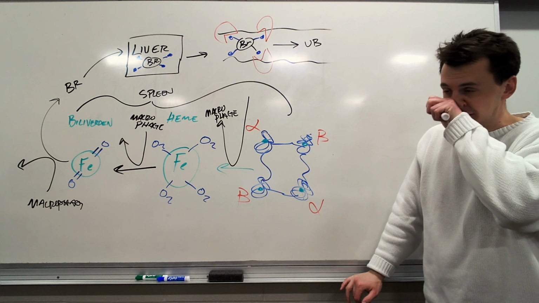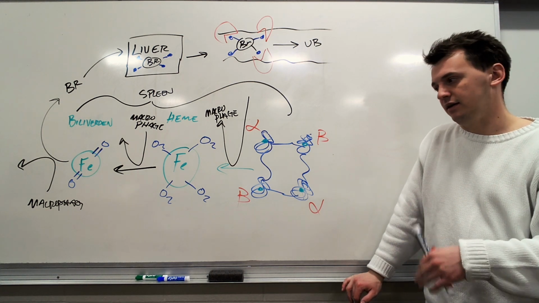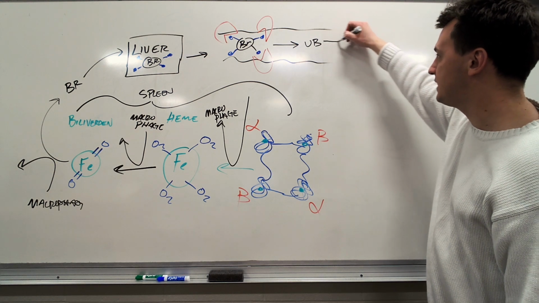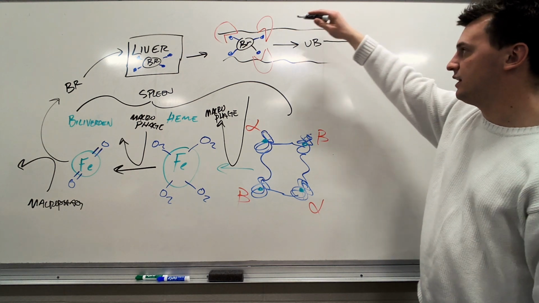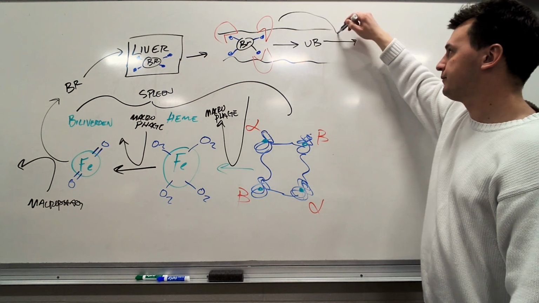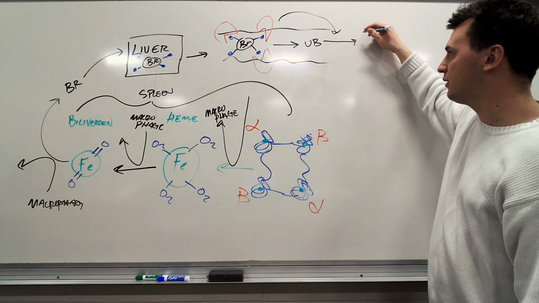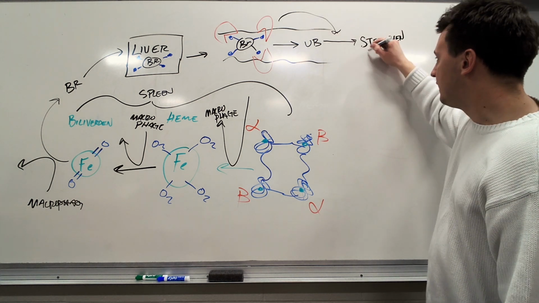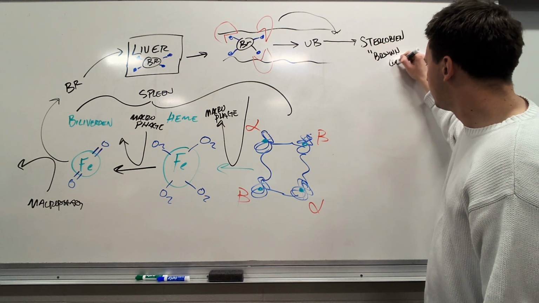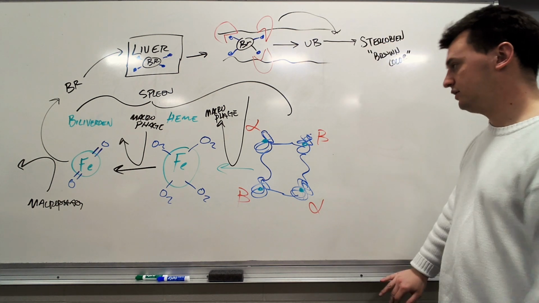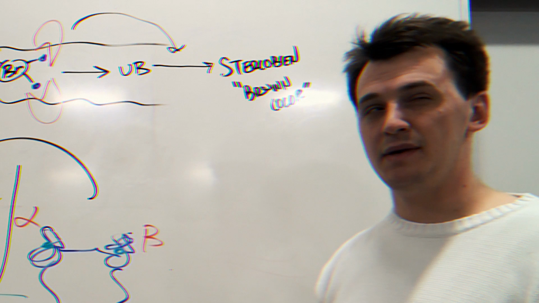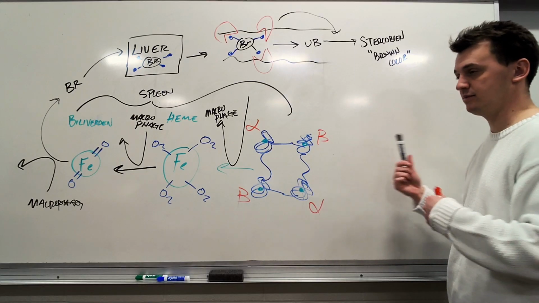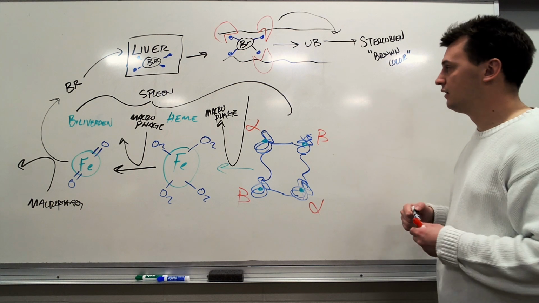And so now urobilinogen has a different lifespan than a lot of things. If it stays within the intestine, the bacteria will keep eating on it. And as the bacteria keeps eating on it, it will turn into something called stercobilin. And this is a brown color. And as you know, stool, or maybe, hopefully you know, stool is brown, right? And so that's what gives stool its color.